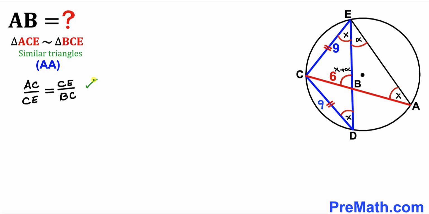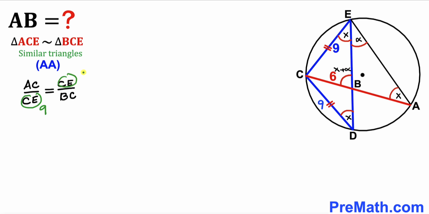In other words, the ratio of AC and CE is going to be equal to the ratio of CE and BC. And now we can see our CE length is 9 units.